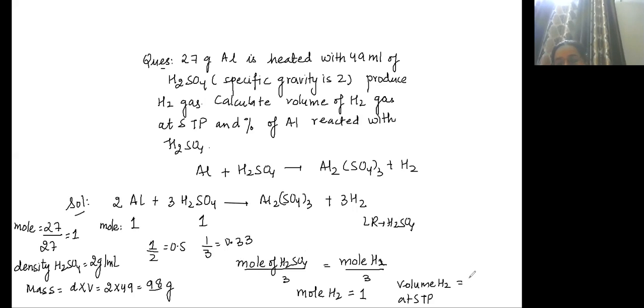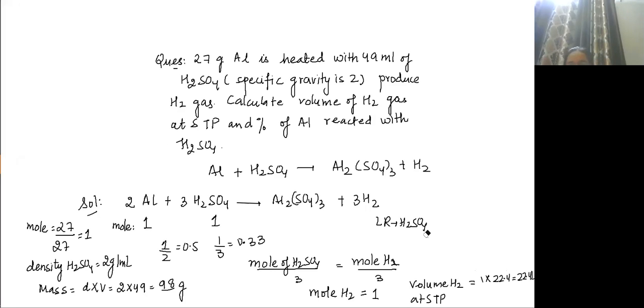Correct, it will be 1 into 22.4. So volume is 22.4 liter. Copy this. If this is done, let me know so that I can find out the percentage that is reacting.